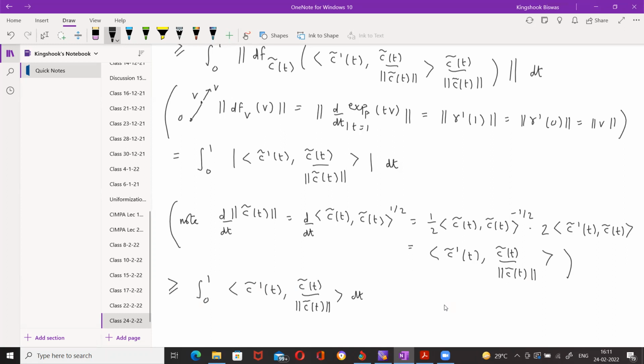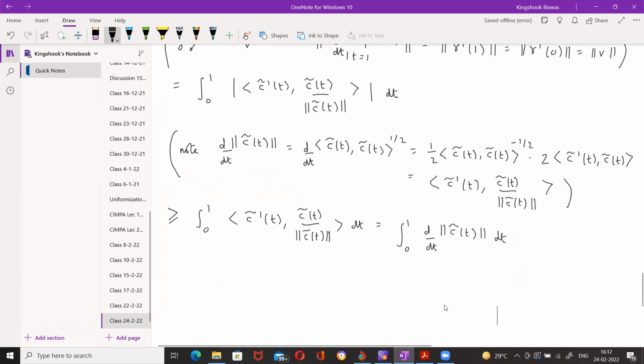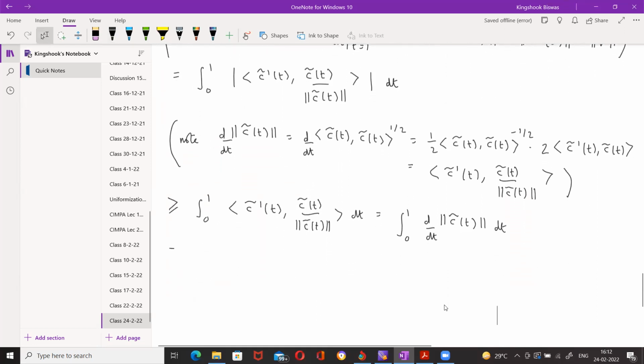And this is equal to the integral of d/dt of the norm of C tilde t, dt. And so now by the fundamental theorem of calculus, this is equal to the norm of C tilde 0. Okay.